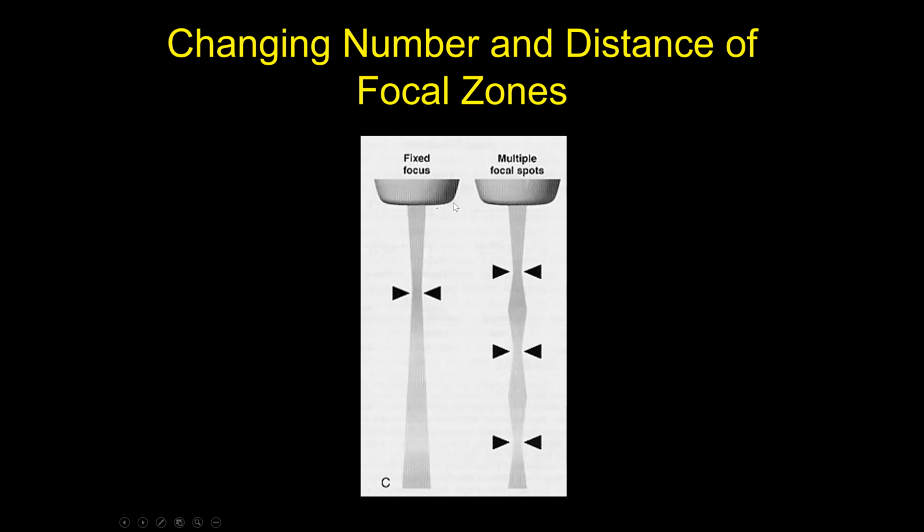So ideally, with the engineers, when they design ultrasound machines, they want to keep that narrowed beam diameter, even if it's in a deeper part of the tissues. And so there's ways that they can actually focus the beam back into a narrow diameter to keep it from diverging away, just like it would from a flashlight.